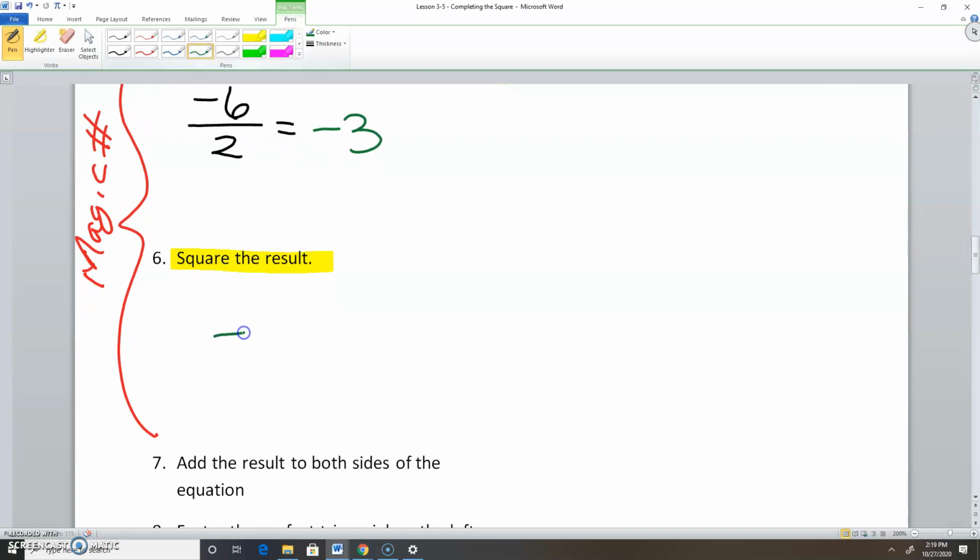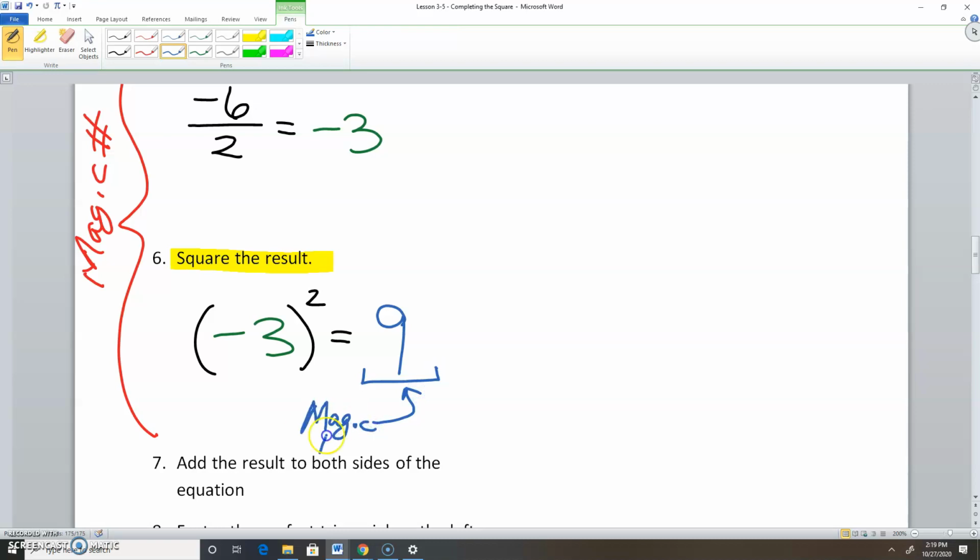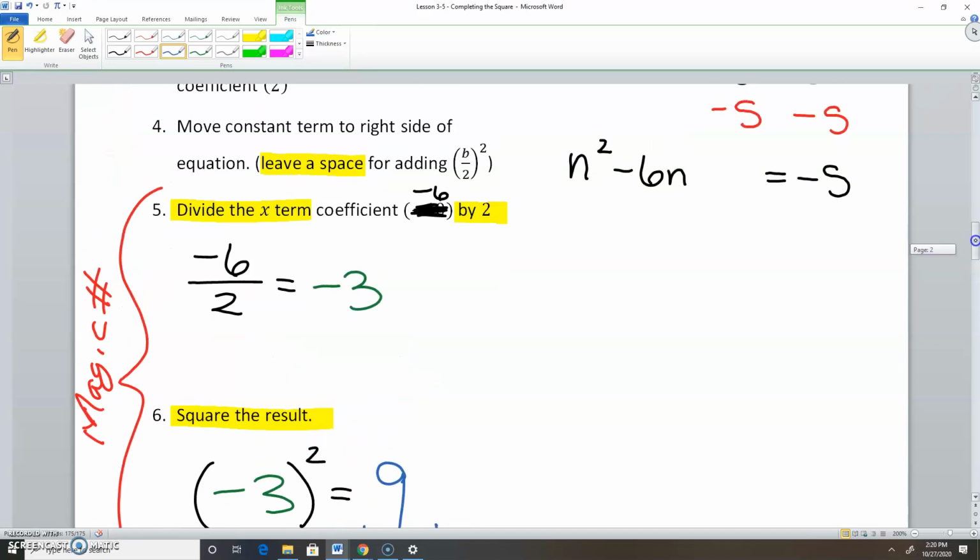Now, after I divide it by 2, I am going to square the result. So I'm going to take negative 3 squared. Negative 3 squared. Now, what does negative 3 squared give me? Well, that gives me 9. And folks, 9 is my magic number. 9 is that magical number that is going to help us force this thing to factor.